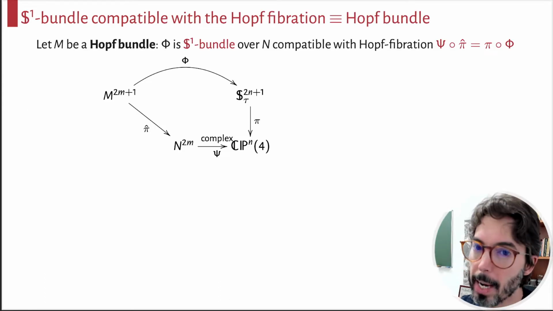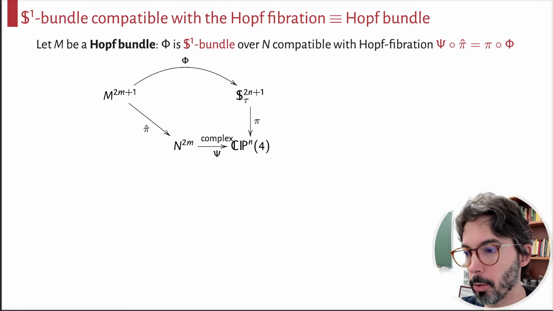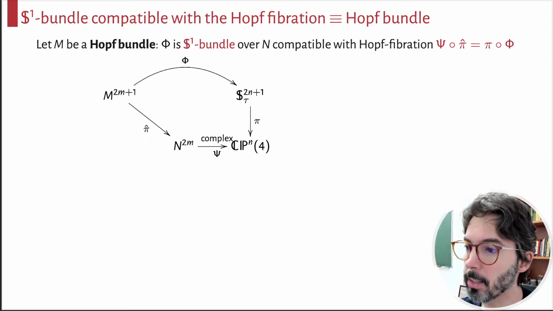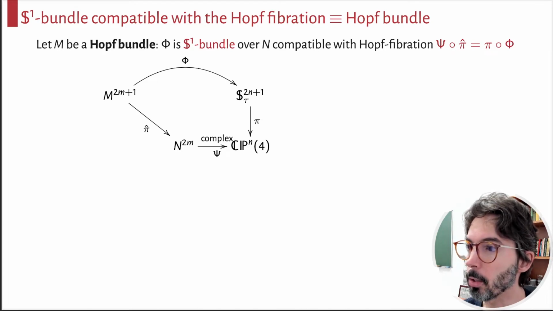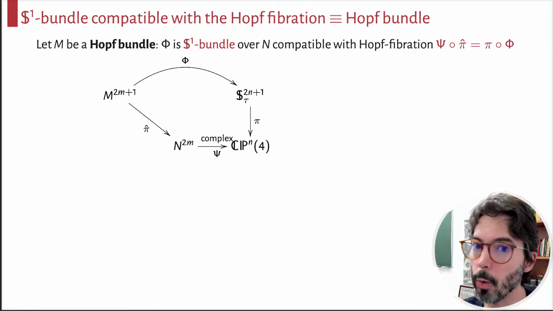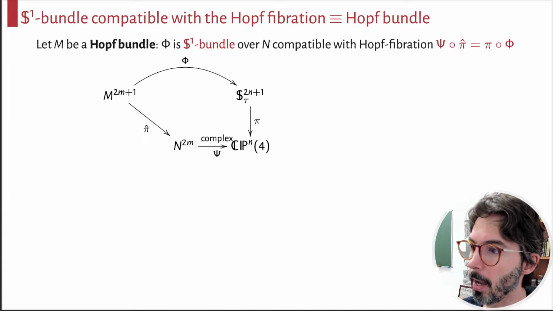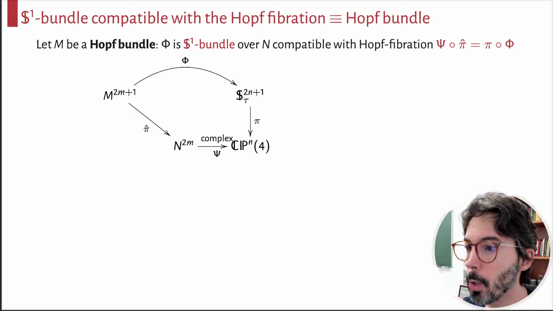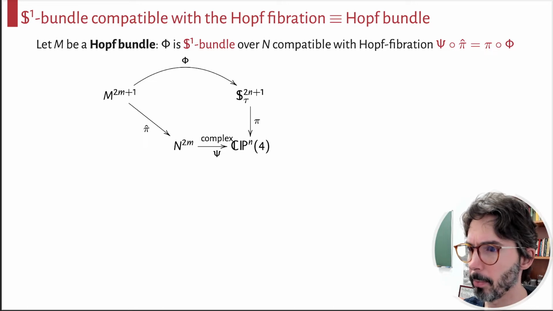Okay, so next I'm going to present a construction to produce more examples. If I start with a complex immersion in CP^N given by the immersion psi, then I can construct what is called the S1 bundle over N compatible with the Hopf fibration, which is an immersion phi defined on an odd-dimensional manifold M into the Berger sphere that commutes with the diagram shown in the slide. Okay?